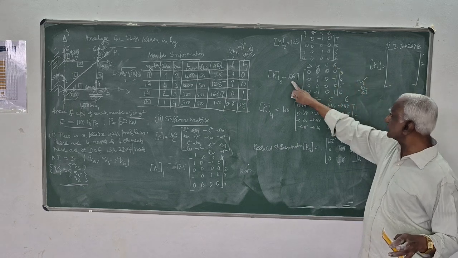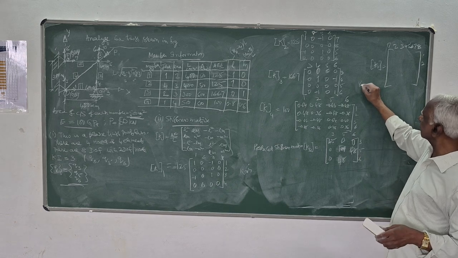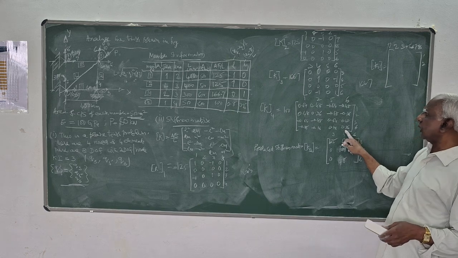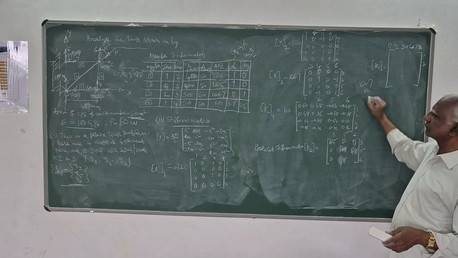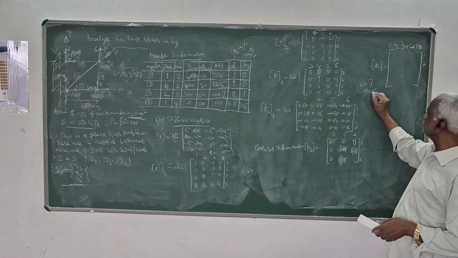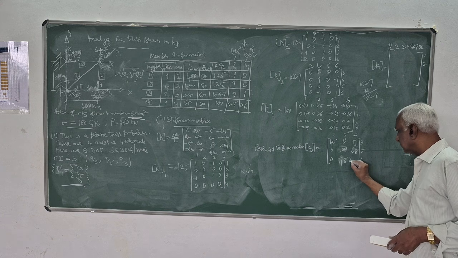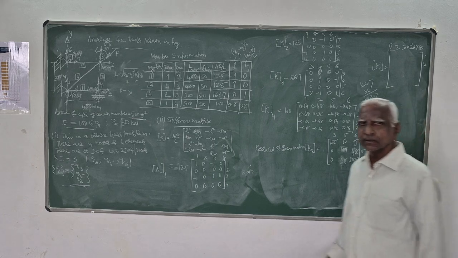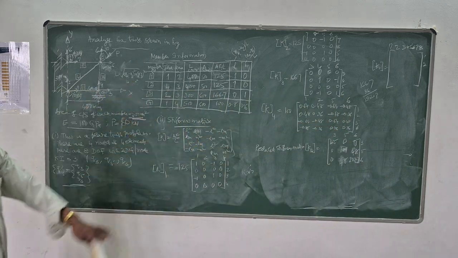It is 166.7. And 6, 6, 0.36 into 100, 36. So this will be 202.7. So this is the reduced stiffness matrix.